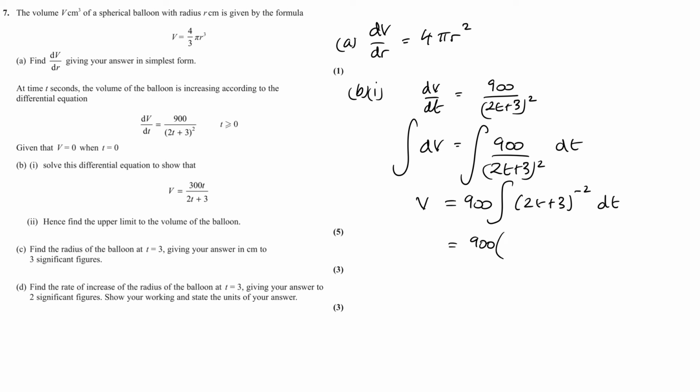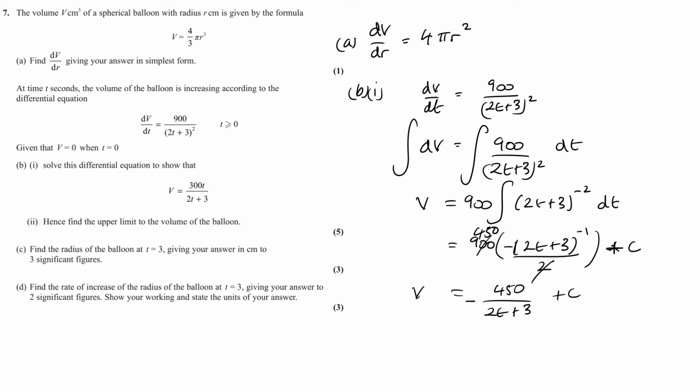So we get our 900 times, so it's going to be minus 2 add 1 would be minus 1, divided by minus 1, so it's just going to change that to minus 2t plus 3 to the minus 1, and then we need to divide by the inside differentiated, plus c. So that will go with that, leaving me with 450. So I get 450 over, it's a minus, and it's 2t plus 3, plus c.